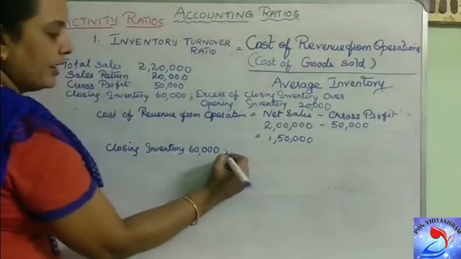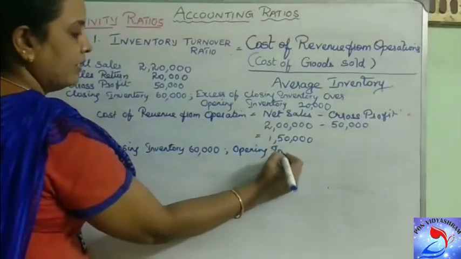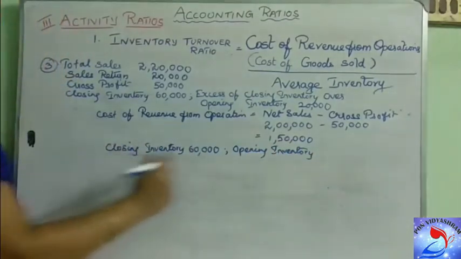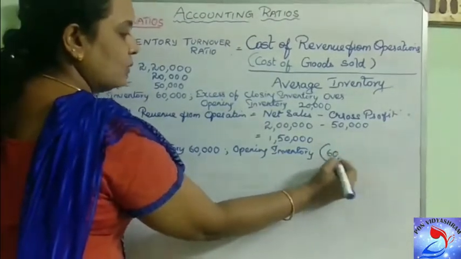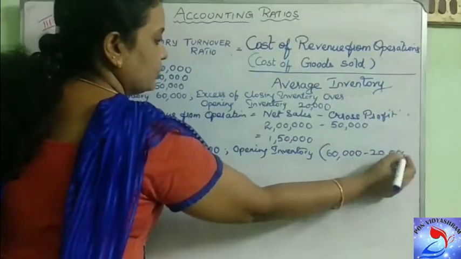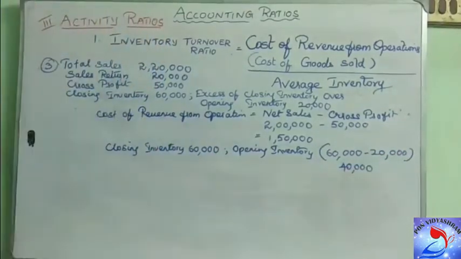So your opening inventory is 20,000 less than the closing. So 60,000 minus 20,000 will give you 40,000 as your opening inventory.